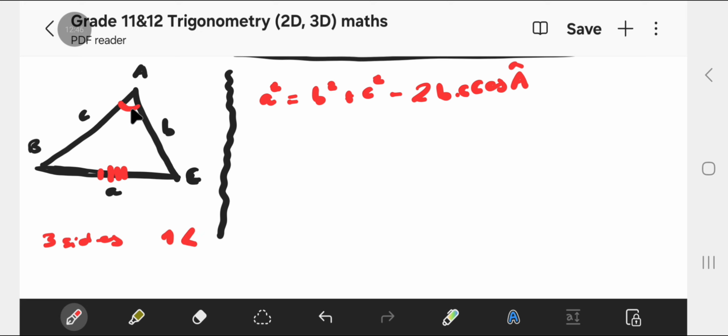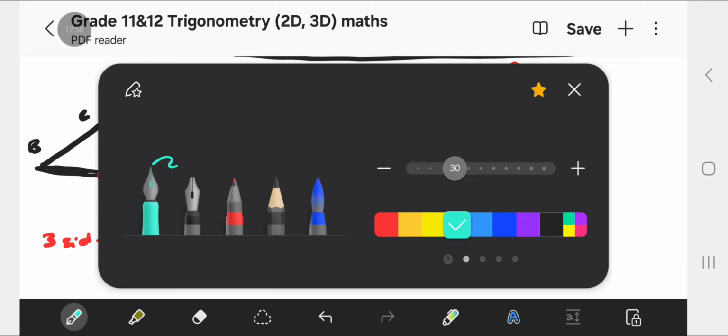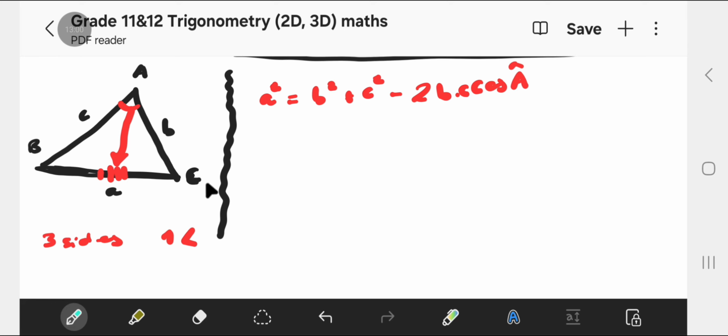Just know that this side that you're trying to find must be opposite to the angle that you are already having. And again, maybe you're having angle B and you're trying to find side b as well.